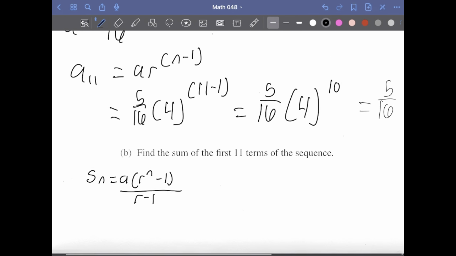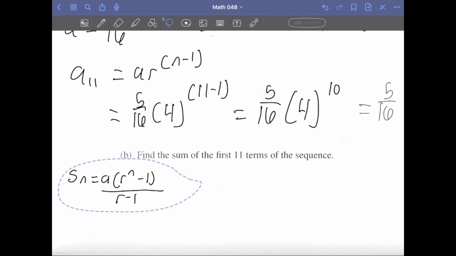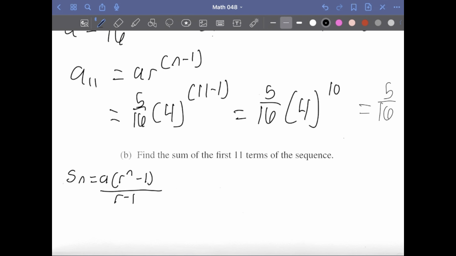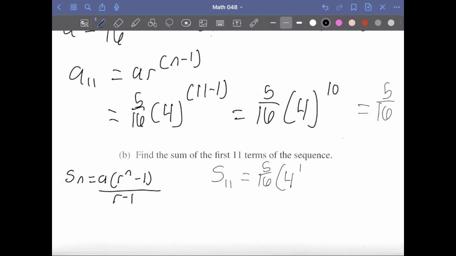Okay, so S11 is equal to a, the first term, which is 5 over 16, for common ratio, 4 to the power of 11 minus 1 divided by 4 minus 1.